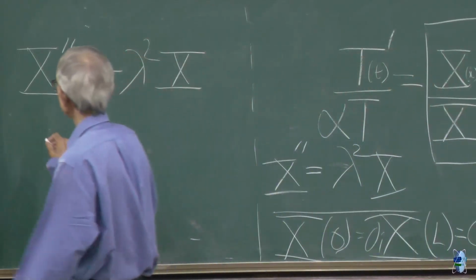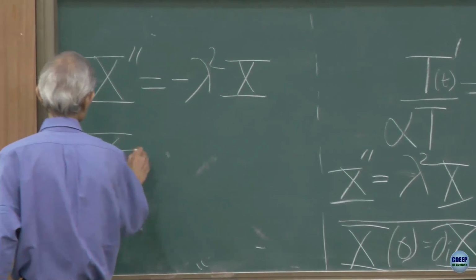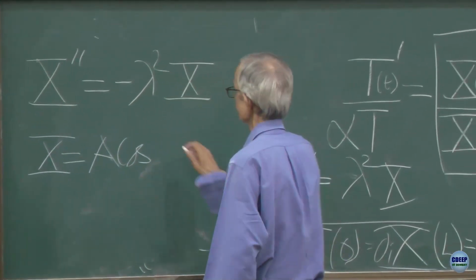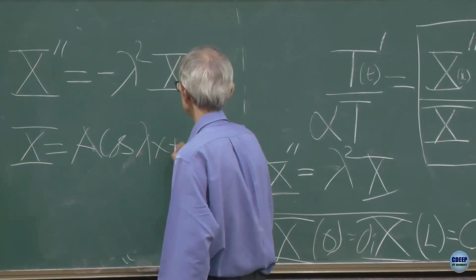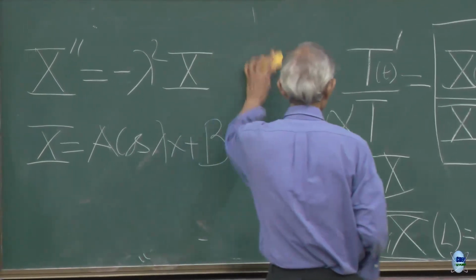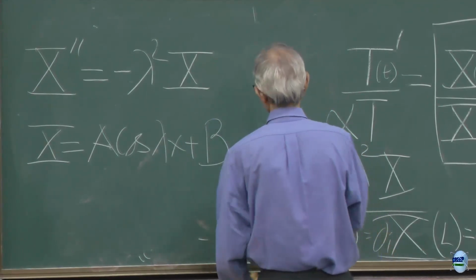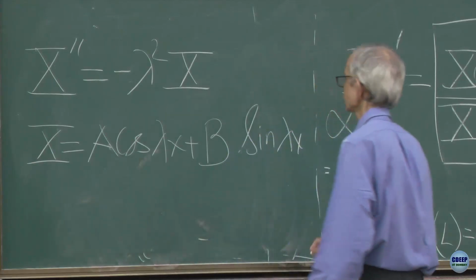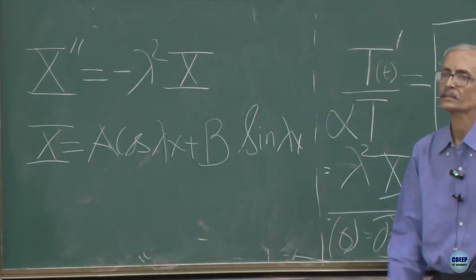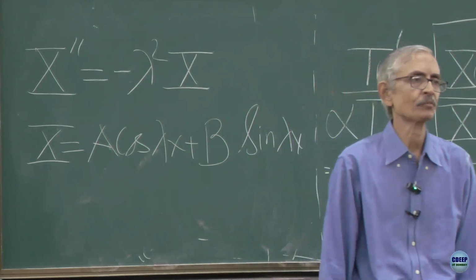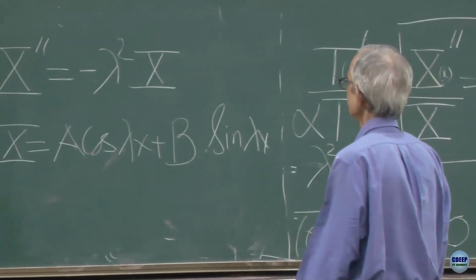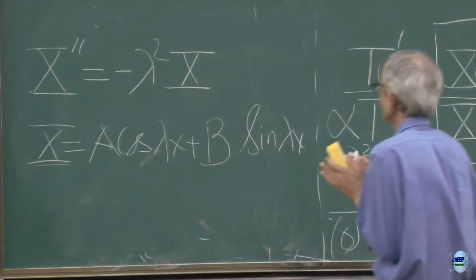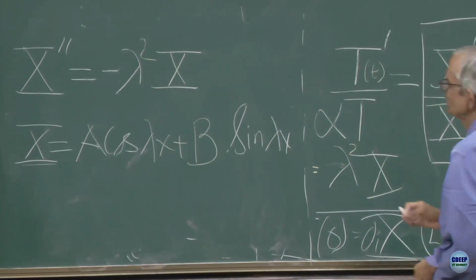So X is going to be equal to A cos lambda x plus B sine lambda x. So that's my solution. This we have done n number of times so far. So my X, which is a function of x only, is going to be equal to that.